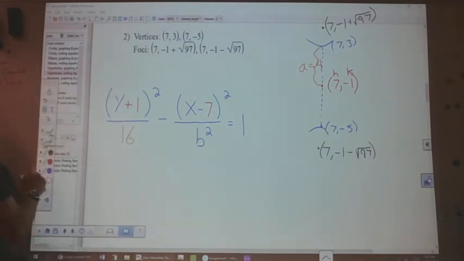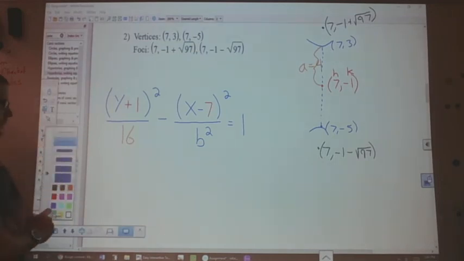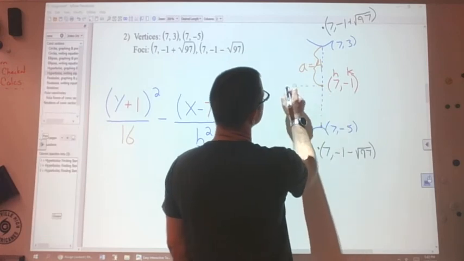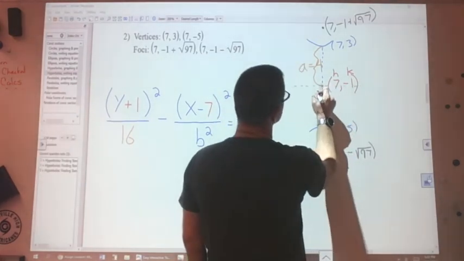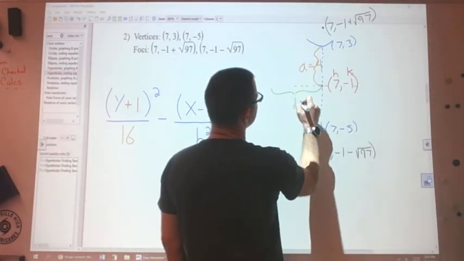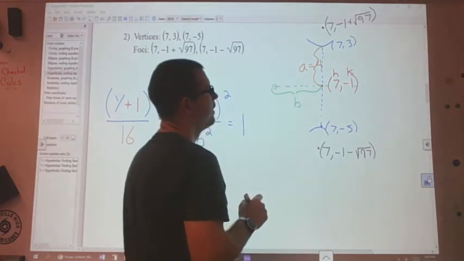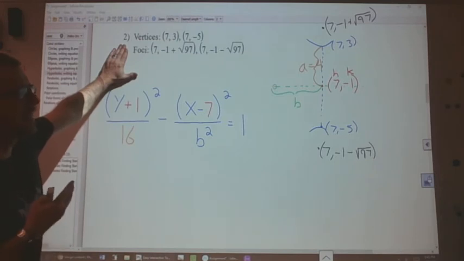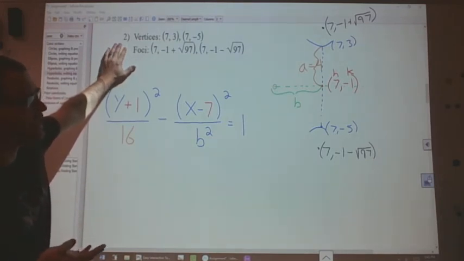B, though, b is going to be a little bit more challenging. It's my conjugate axis, which means it goes off in this direction. But I don't have anything in this information that directly relates to b.